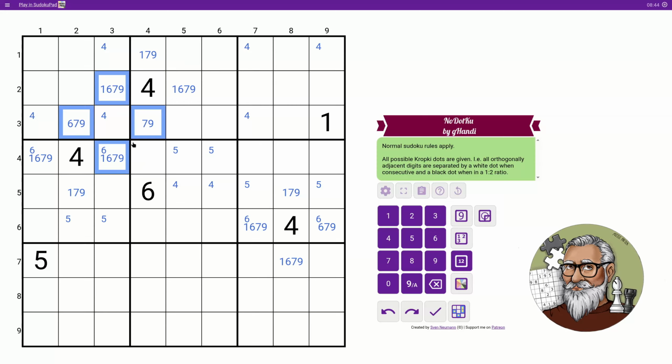Right. It doesn't have to be 4, but do I know more about what it has to be?